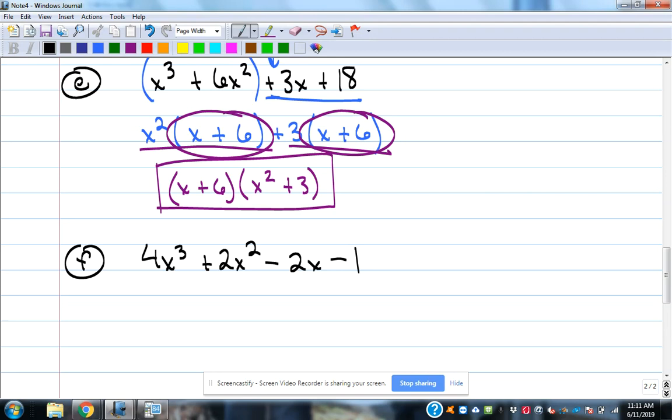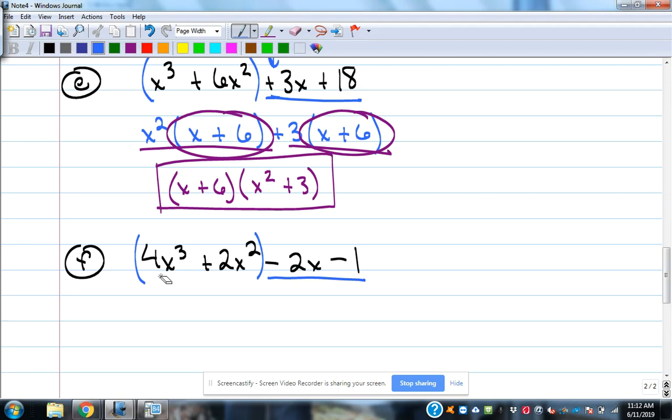The next thing to do is count your terms. I've got 1, 2, 3, 4 terms. That tells me that I'm going to do grouping. Because I counted 4 terms, I'm going to group the first half together and the second half together. And I'm going to do GCF for each half.